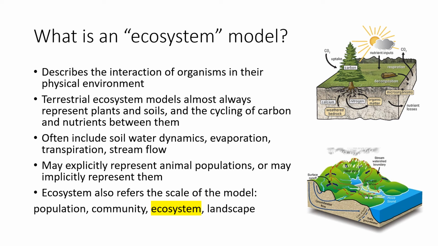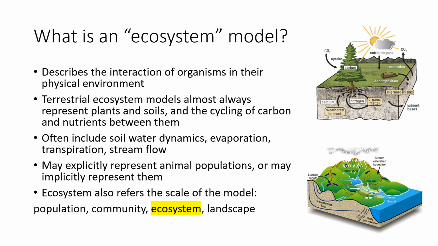An ecosystem also refers to the scale of the model. So ecosystem is somewhere in between population and landscape models. A population model would be one species. You would model just one species of plants or animals or some type of organisms.